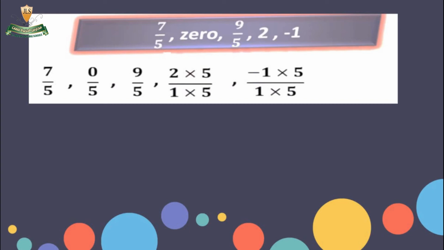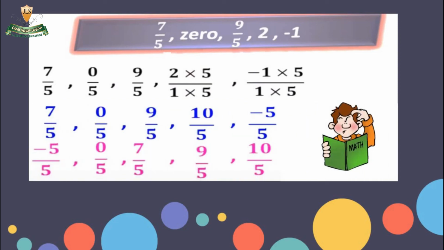So 2 by 5 and 1 by 5 give me 10 over 5. And negative 1 equals negative 1 over 1, and multiplying both terms of the fraction by 5 gives me negative 5 over 5.